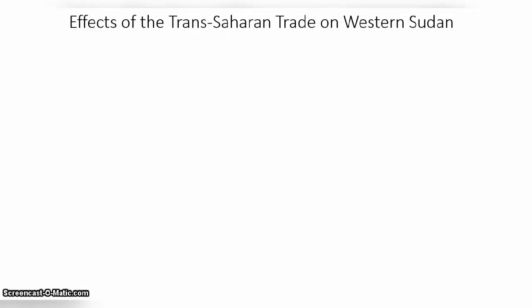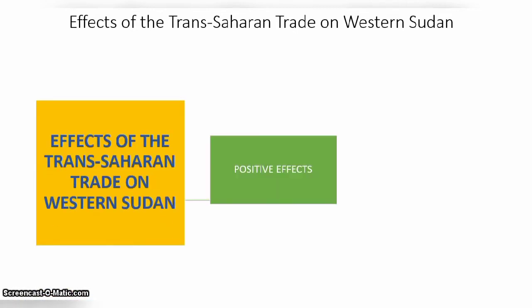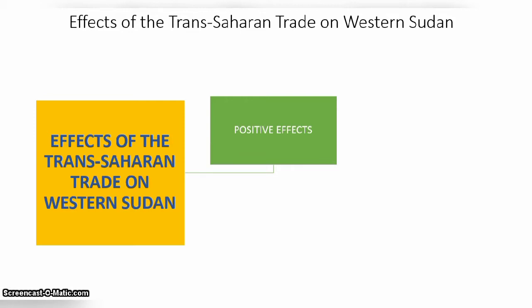We shall look at the effect of the Trans-Saharan trade on Western Sudan. But before that, let me make it clear that the effects are of two folds. So we shall look at the negative effect and then the positive effect. So our first effect is the positive effect.